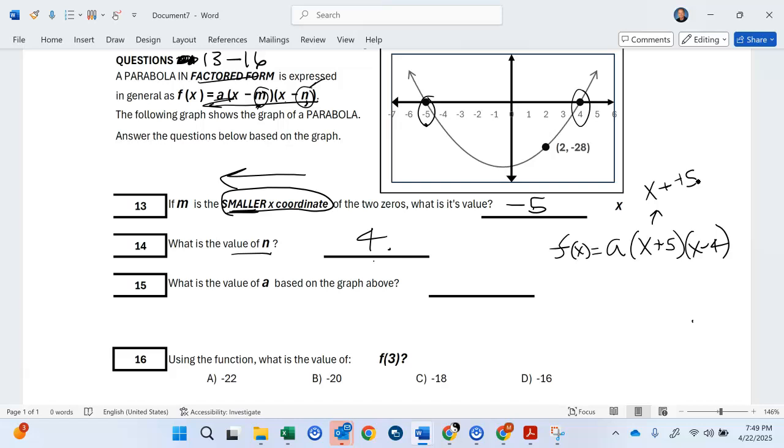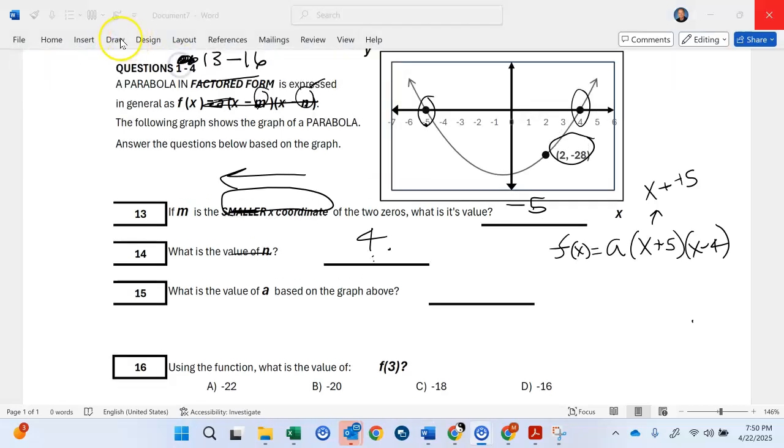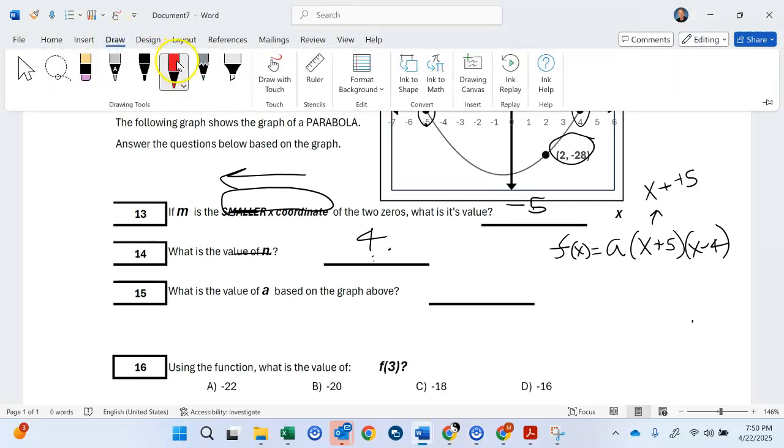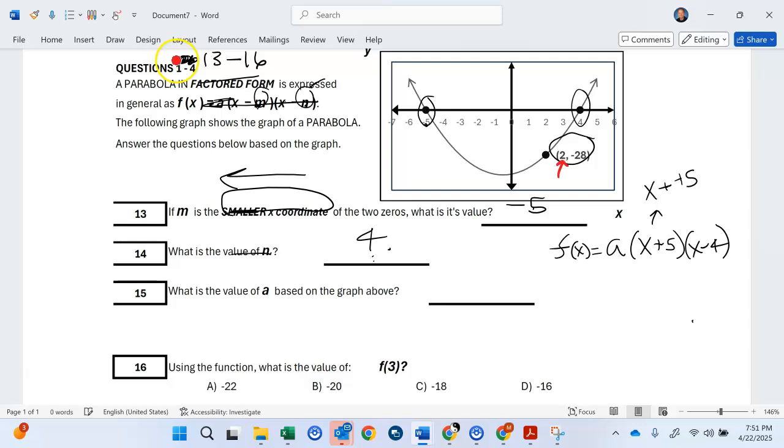So what's the next thing? Well, we need to find a, but we're going to use this value over here. So 2 is going to be in place of the x, right? I'm going to put this 2 right there, and then -28, that's the y, or the f of x, so that's going to go right there. So let me write it over again. -28, and this is going to be 2 here, 2 here.